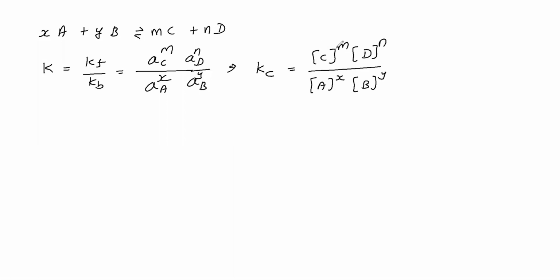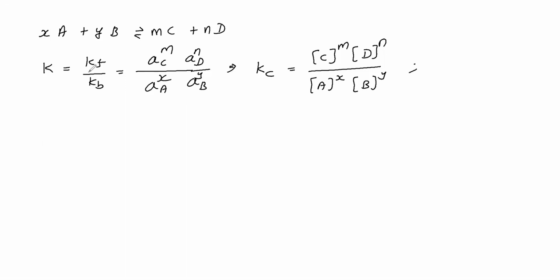Molarity means the bracket notation, concentration. The power is the coefficient in the equation: for C the coefficient is m, that is the power of C; for D it is n. In the same manner the denominator is for the left side. So remember that in the equilibrium constant, the numerator should be the right side and the denominator should be the left side. Here we said equilibrium constant in terms of concentration.